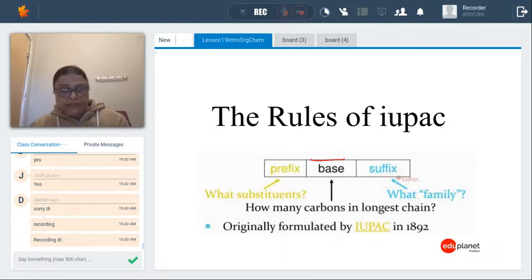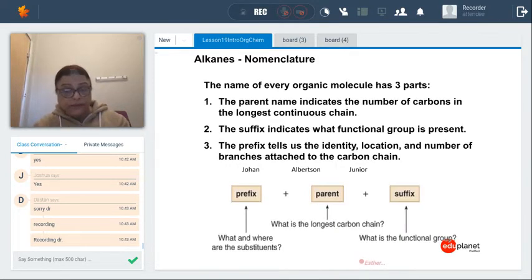And the suffix is telling me whether it is an alkane, alkene, or whatever family the molecule belongs to. So we have 3 chunks to the name, and let's look at how it really goes.